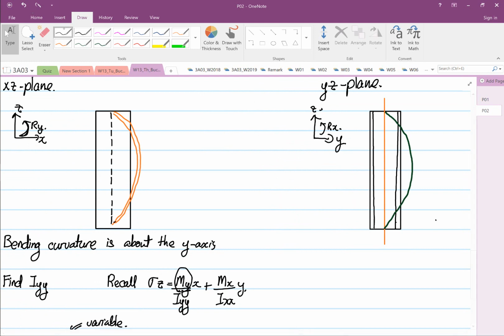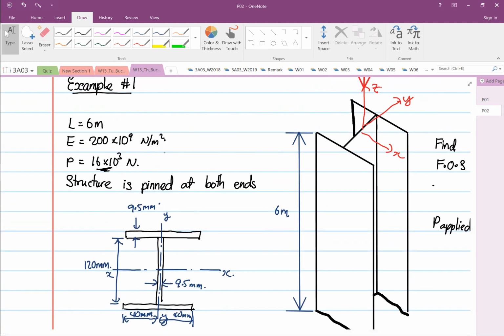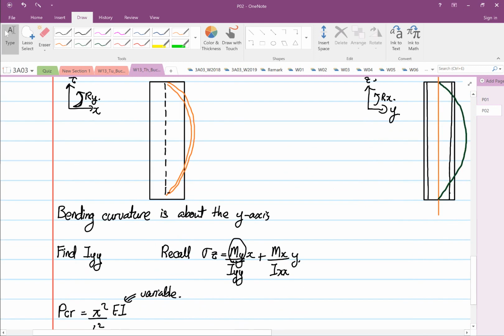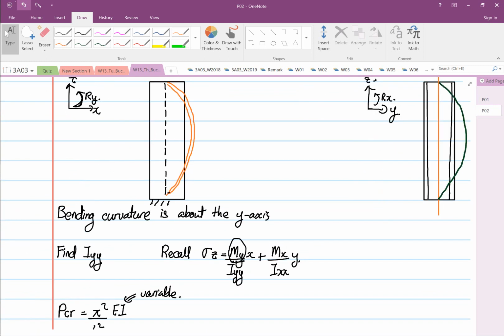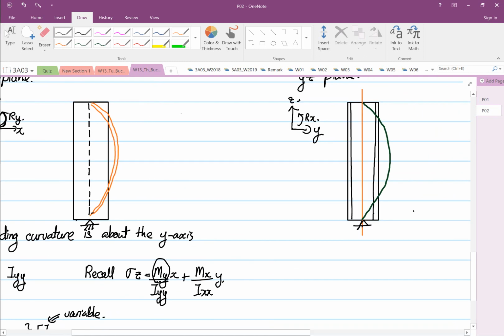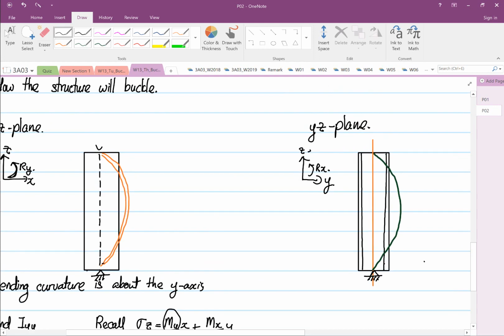For this case, we are going to declare both ends are pinned. It's allowed to rotate. I should not have drawn that for the pin. I made a very easy error while drawing this, so I will redraw it.